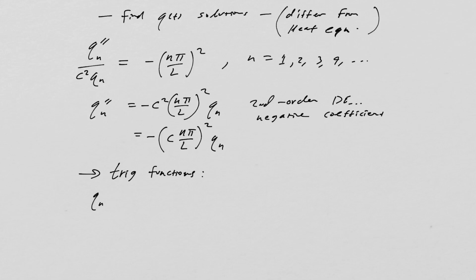So what we have here is Qn of t has to be C1 times cosine of c n pi over L. Let's change our constants here.